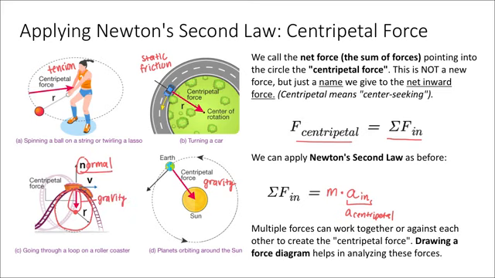So in this case, we actually have two forces that we'd have to consider. The normal force and the gravitational force work against each other to create this net force inward, which we call the centripetal force. So we'll take a look at some complicated examples where we have multiple forces acting as the centripetal force. But for now, just know that it's a name that we give the net inward force pointing into the circle.